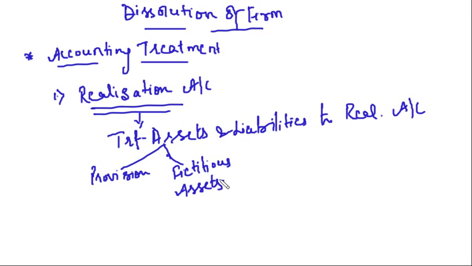Clear, friends? Then talking of liabilities, we discussed that only outsider liabilities will be transferred to the realization account. Liabilities relating to partners' loan and partners' capital will not be transferred. Clear this much?